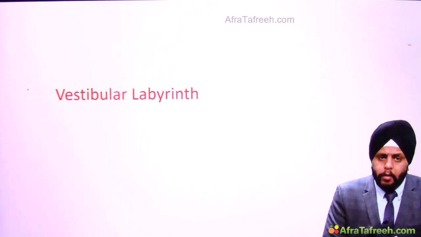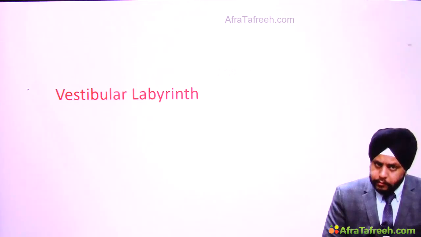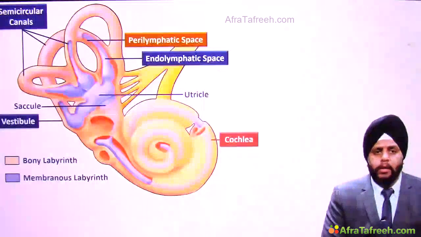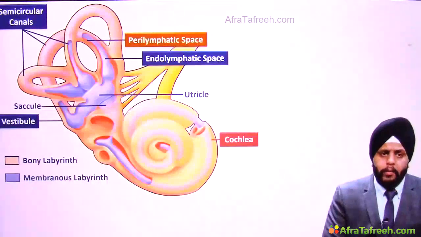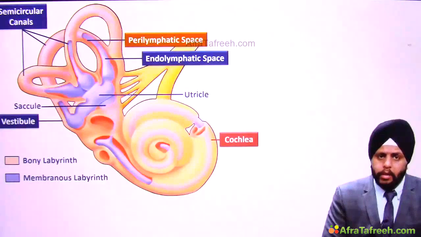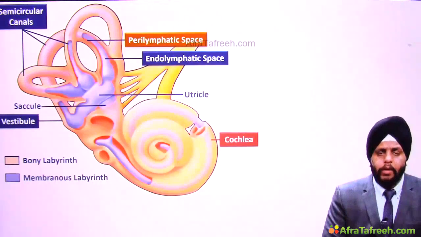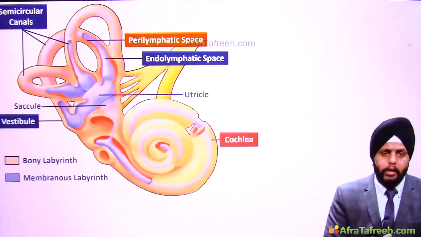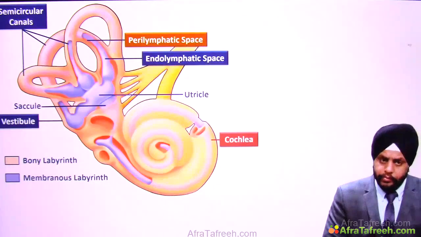The vestibular labyrinth is the part of the inner ear associated with balance. It consists of the vestibule and the semicircular canals. The vestibule has two sac-like structures, the saccule and utricle, and there are three semicircular canals. Let's remove all this bone.